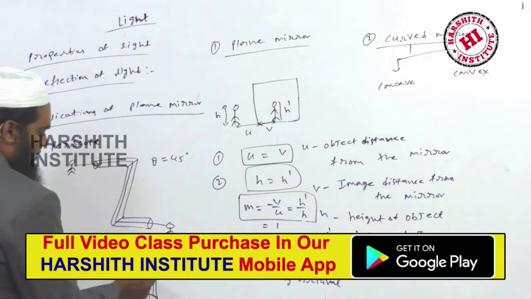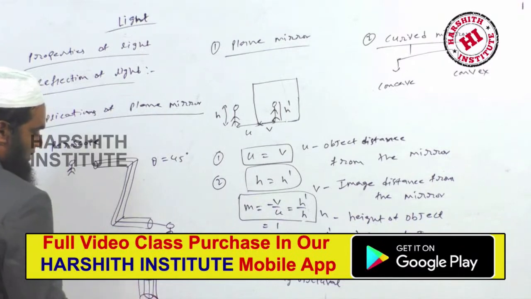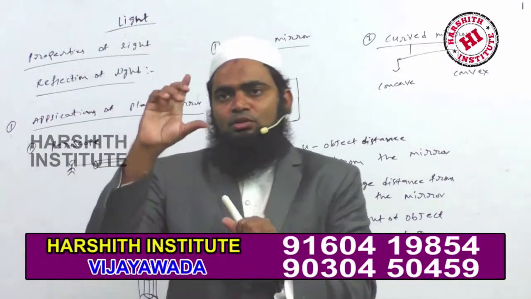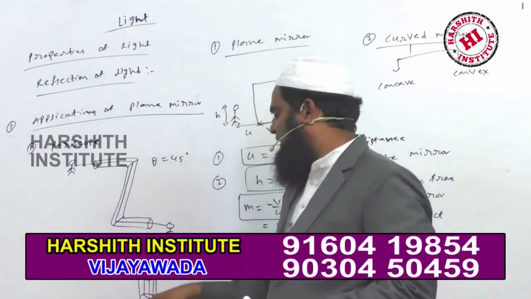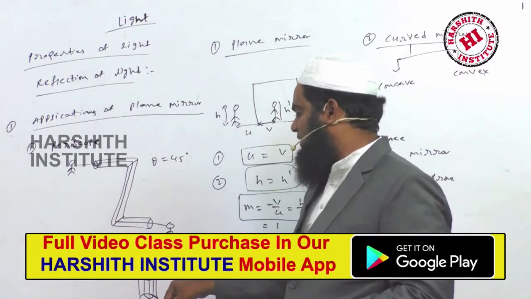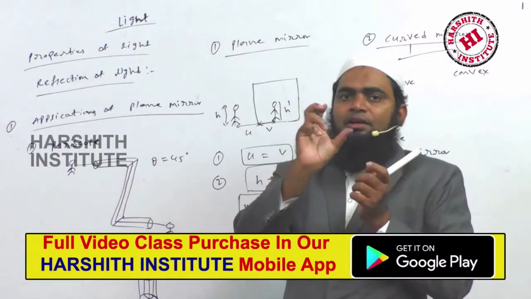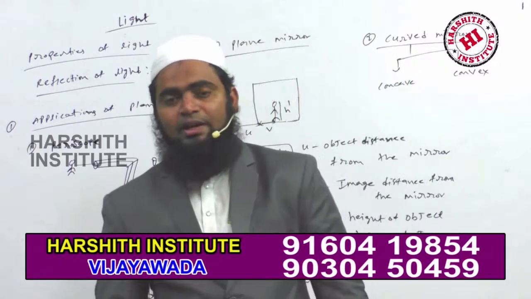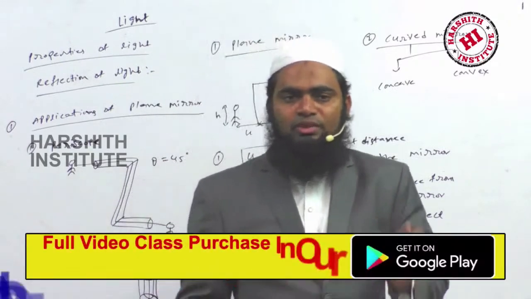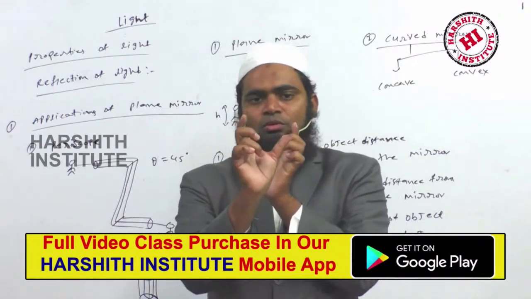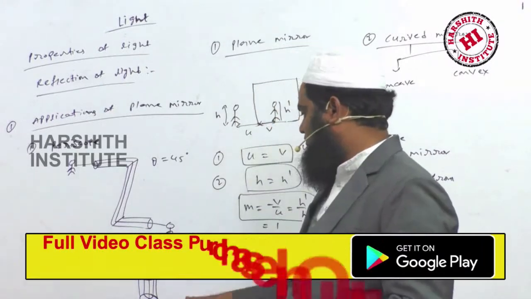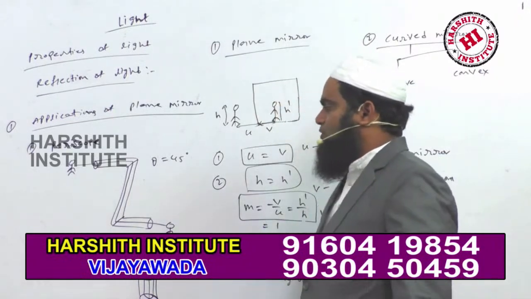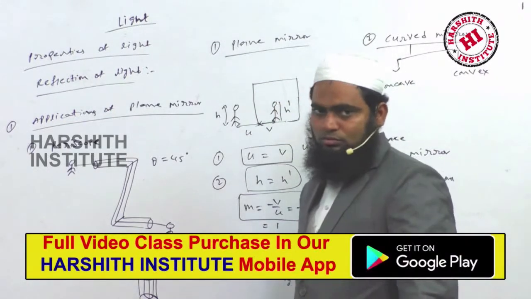We can observe different colors from the particles inside, the internal parts of the kaleidoscope. This is an application of plane mirrors. The first application is the periscope. The second application is the kaleidoscope.